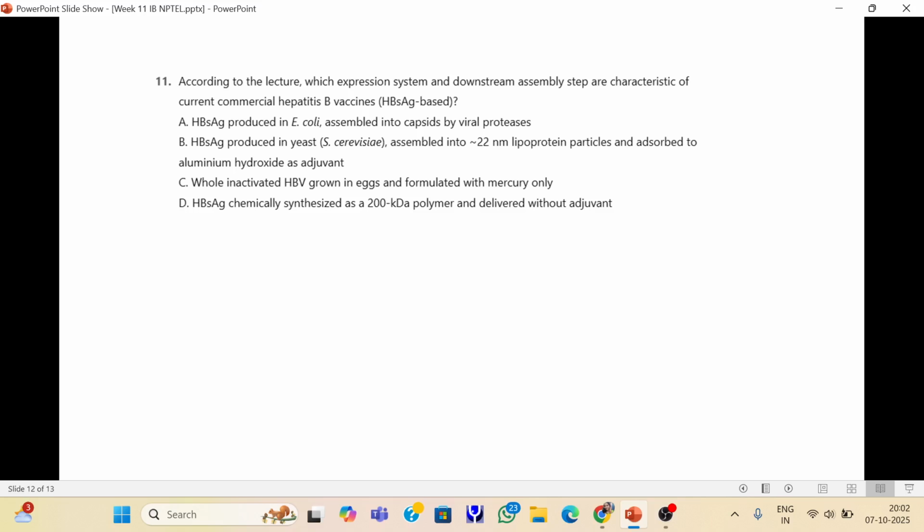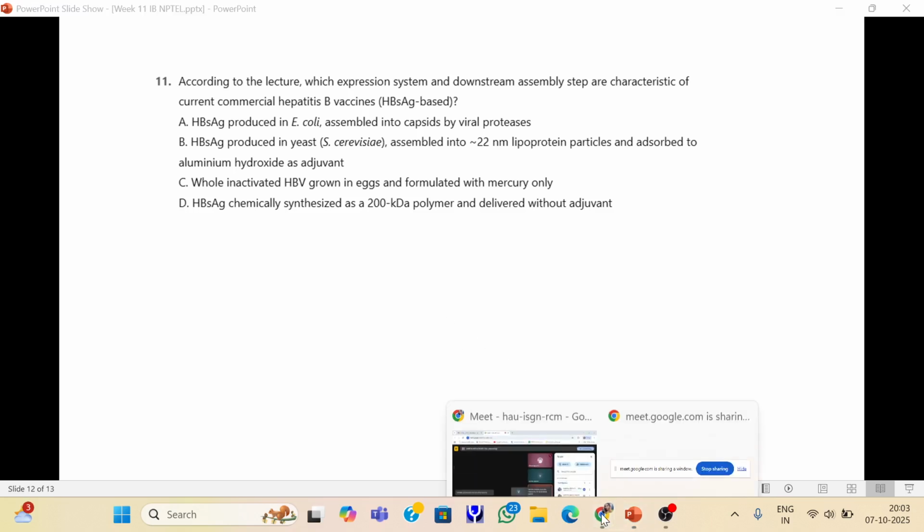B. Vaccines produced in yeast, assembled into nearly 22 nanometer lipoprotein particles and adsorbed to aluminum hydroxide as adjuvant. C. Whole inactivated HBV grown in eggs and formulated with mercury only. D. HBV antigen chemically synthesized as a 200 kilodalton polymer and delivered without adjuvant. Start answering.